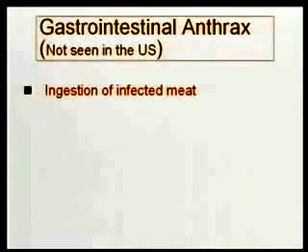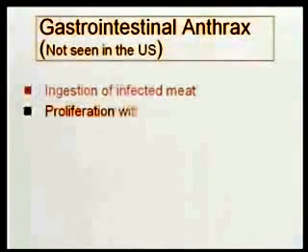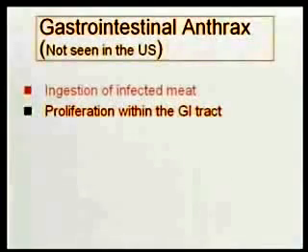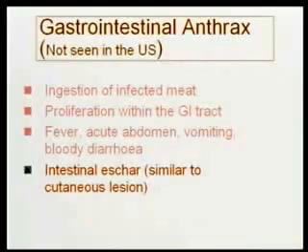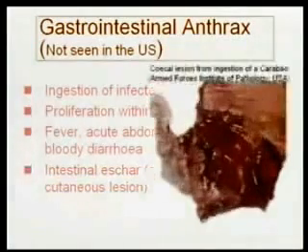The gastrointestinal form: ingestion of infected meat can cause that. Proliferation within the gut, the GI tract, will be followed by fever, acute abdominal pain, vomiting, and bloody diarrhea, because there is necrosis of the tissue. Intestinal eschar, similar to cutaneous lesions.